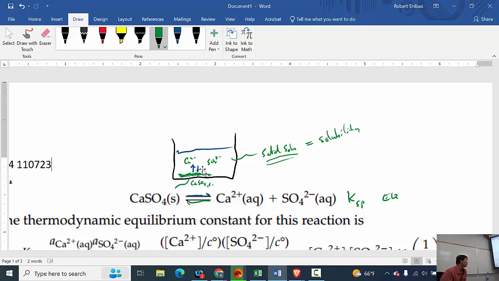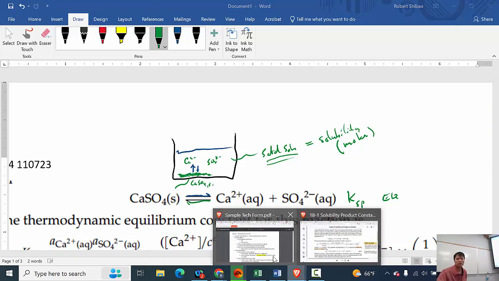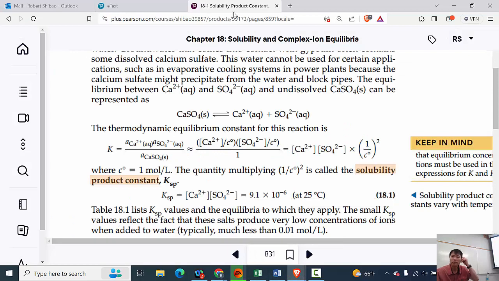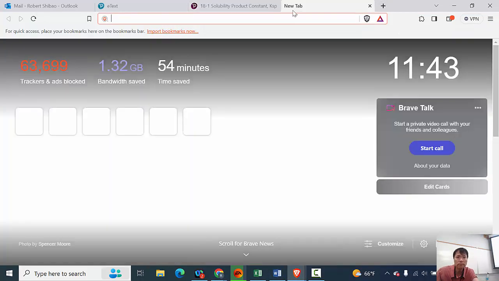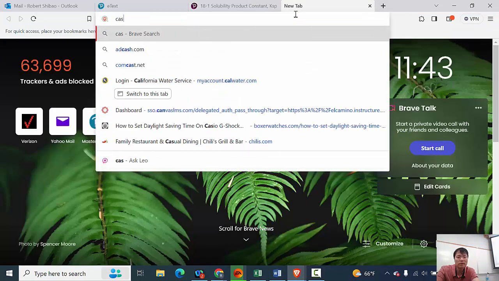The units, though, are typically different. This is what we call the molar solubility. However, in most places, they don't give us the molar solubility. If we take a look at Wikipedia, let's go to calcium sulfate.